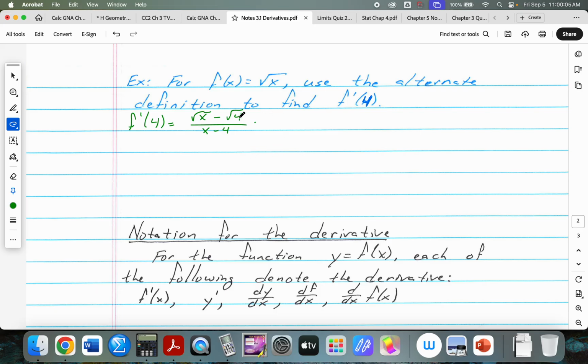Got to do some more work. So we're going to multiply by the conjugate here. Multiply by the square root of x plus the square root of 4 over the square root of x plus the square root of 4. When we do that, I'm sorry, I left off my limit. This is the limit as x goes to 4.